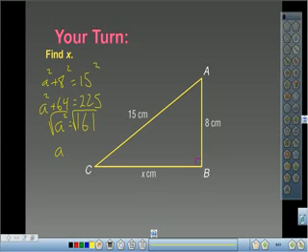What's the perfect square factor of 8? 4 times 2. What's the square root of 4? 2. So the answer is 2 radical 2. Don't run to your calculators and start giving me decimals. I'm going to count them wrong. I want reduced radicals. We can do it. We're going to brag about it and do it all the time.